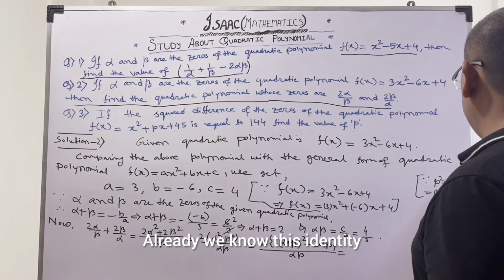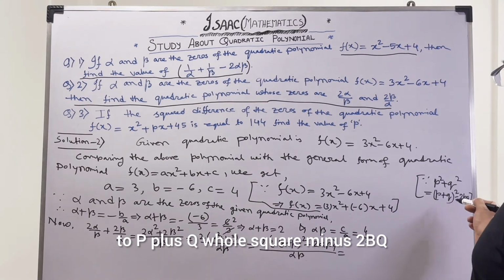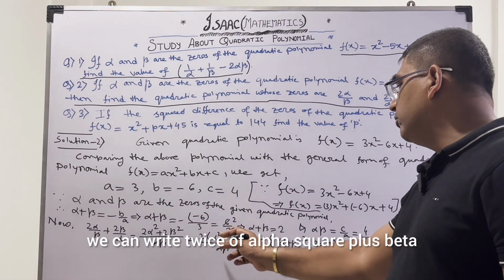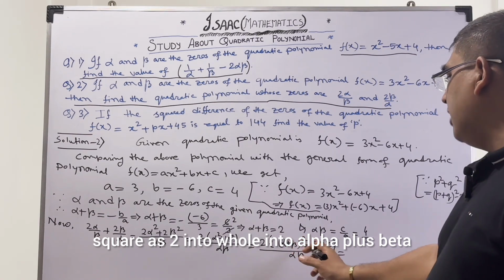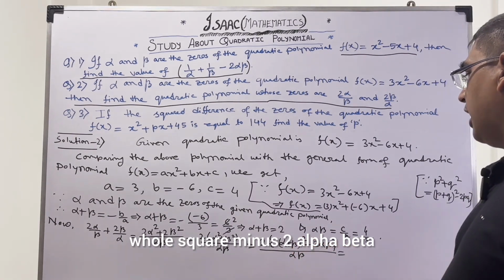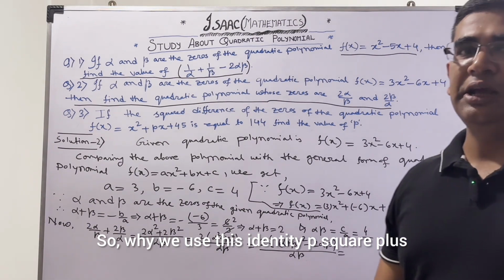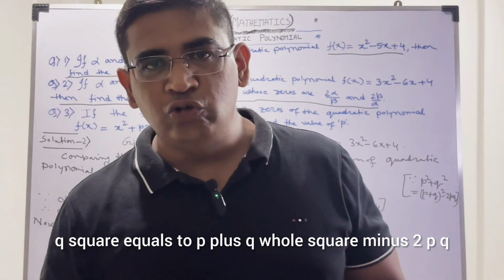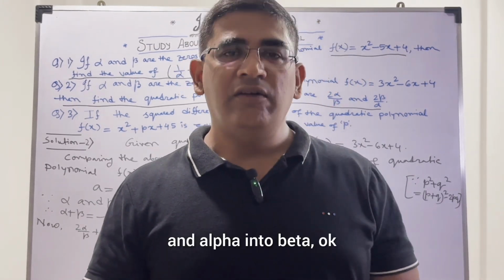Already we know this identity. So by applying this identity, we can write twice of alpha square plus beta square as 2 into alpha plus beta whole square minus 2 alpha beta. Okay, so why do we use this identity? Because here we have alpha plus beta and alpha into beta.